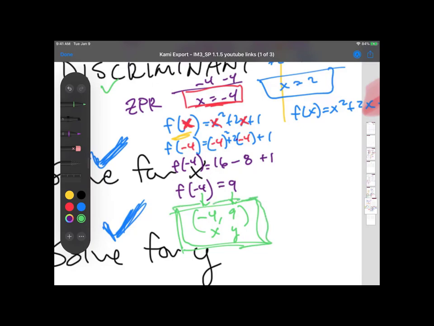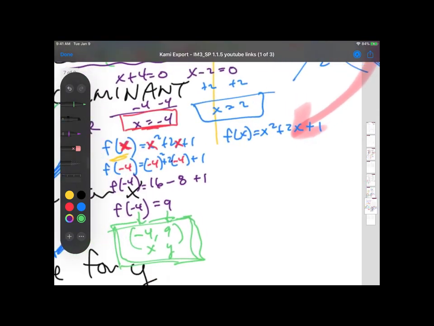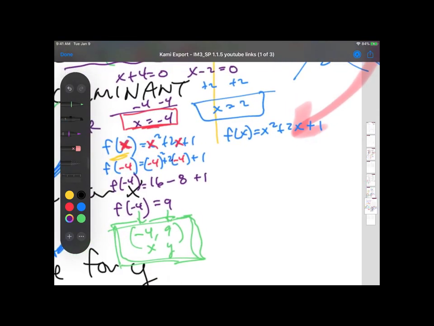Okay? Let's do the same thing over here. I'm now going to put in x equals 2 for every time I see x. Let's do it together. F of 2 equals 2. So every time I put it in parentheses, this is a parentheses, this thing, right there, okay?